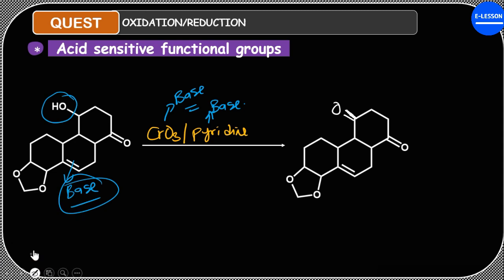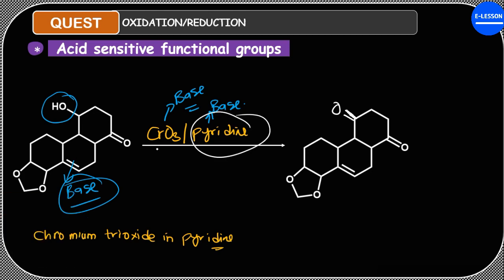You can use chromium trioxide in pyridine. Now you may be asked, what is the usefulness of pyridine in this reaction? Because pyridine makes this oxidizing agent more basic. Hence, it will not affect this double bond here.